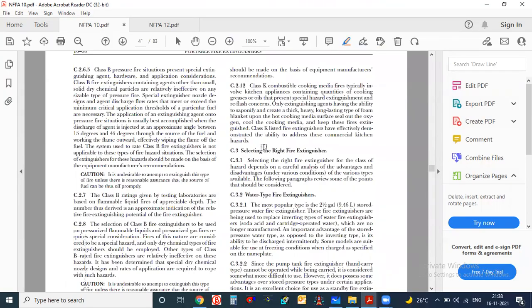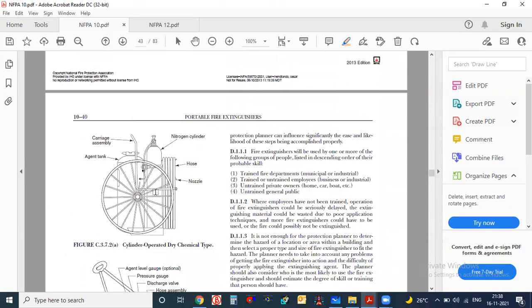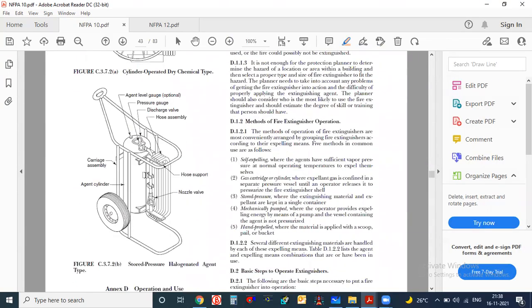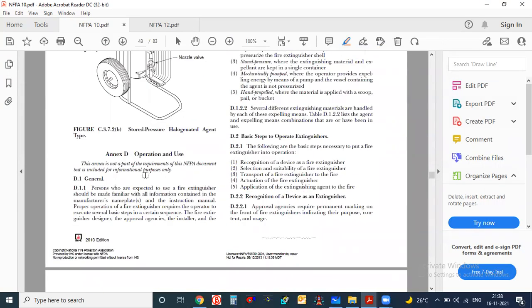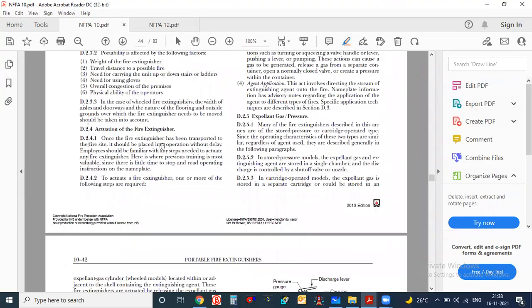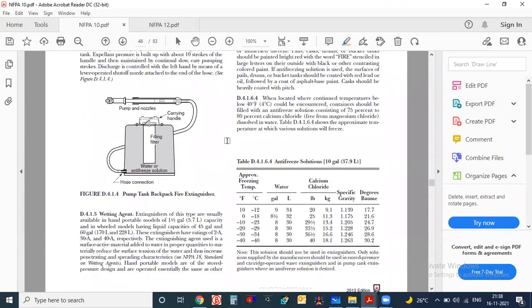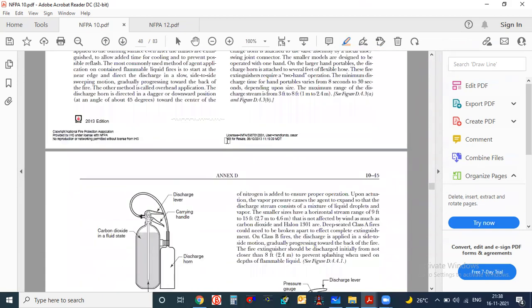And selecting the right extinguisher, different types of extinguishers, cylinder operated dry. This is just some images, and here the extinguishing medium. Leave this. These things are not actually required. If you want, you can just check these things.